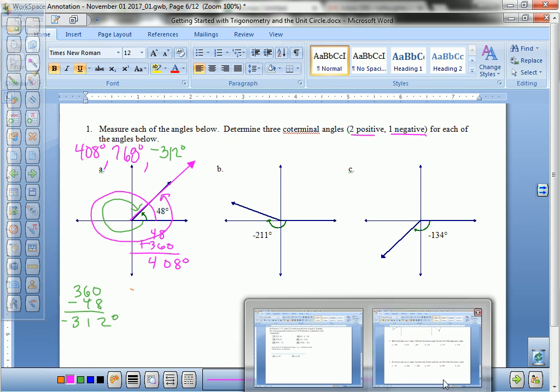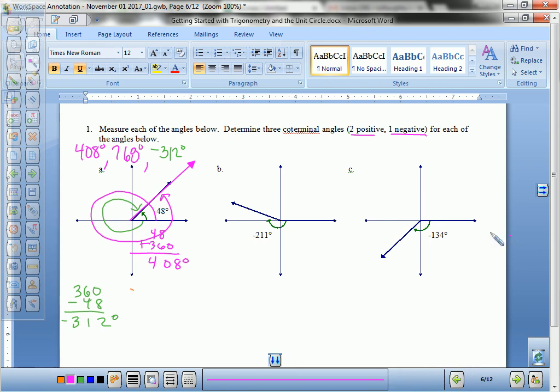Alright, did anybody get the third one? 7,200. Alright, Carson, share with me your answers to B. Just read them off your papers. 149, 509, and negative 571.